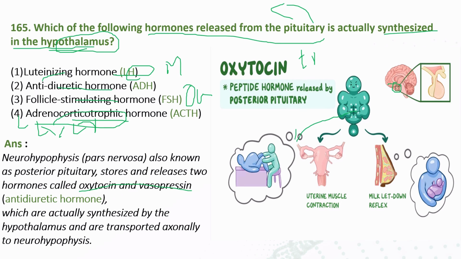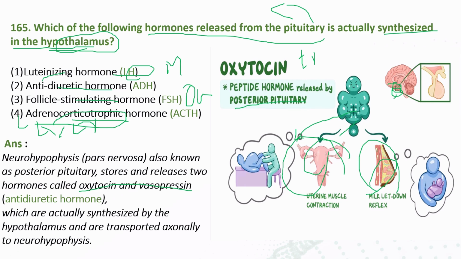They play a major role in uterine muscle contraction and the milk let-down reflex, that is, in milk production, and oxytocin is helpful in uterine muscle contraction. These hormones are synthesized in the hypothalamus and released from the posterior pituitary.